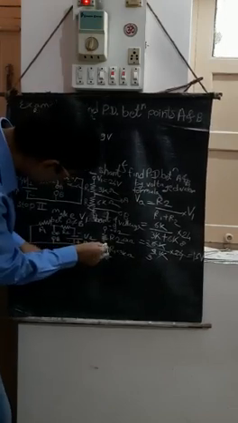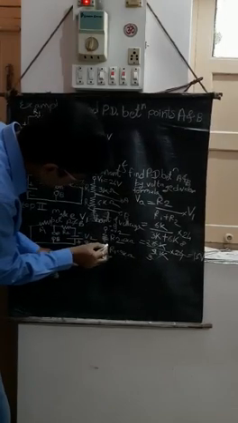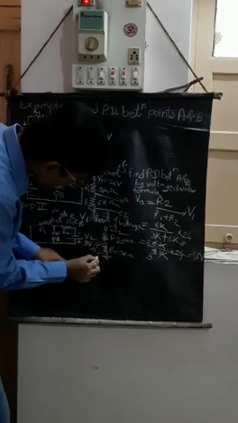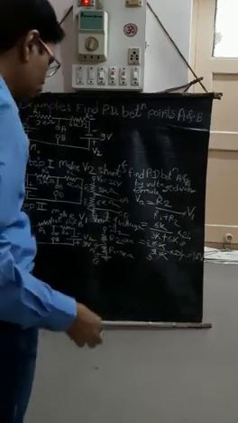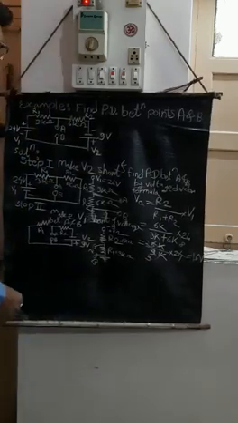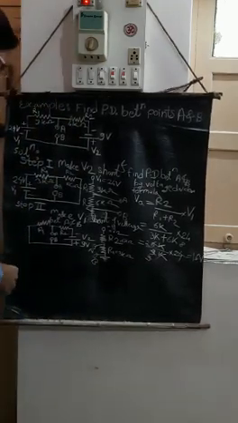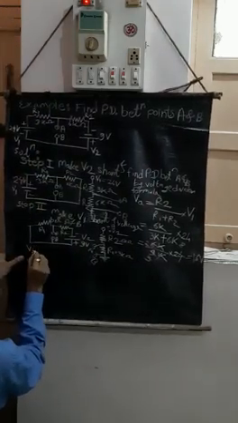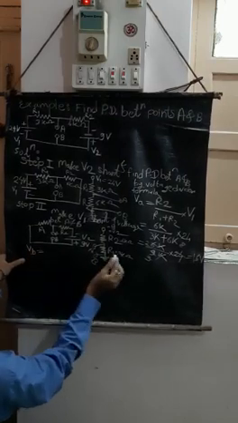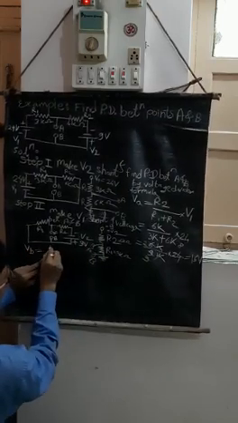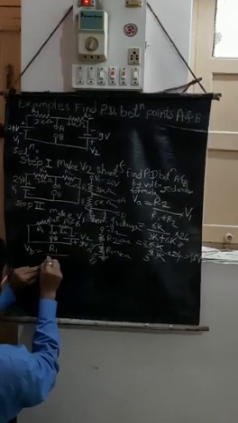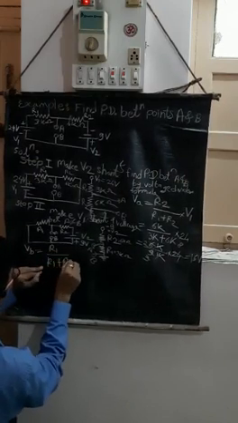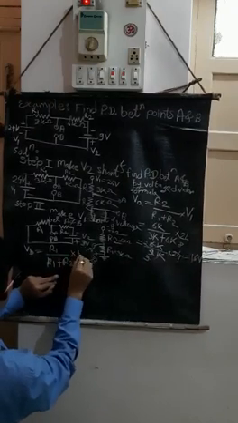So we have to calculate the voltage across this R1, this is A, this is B. Now by the voltage divider formula, VB is equal to R1 divided by R1 plus R2 into V2.